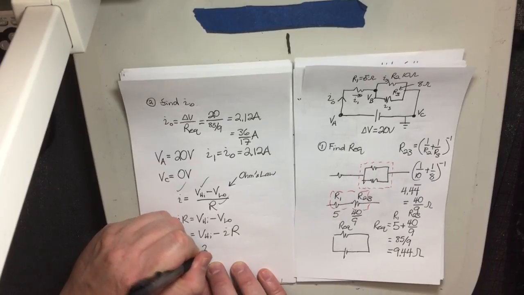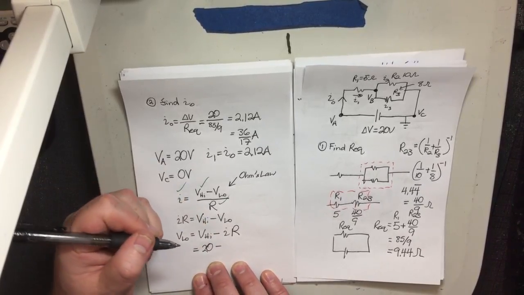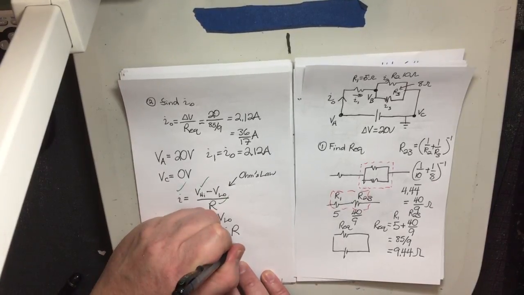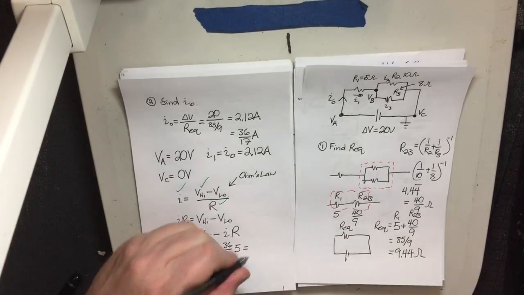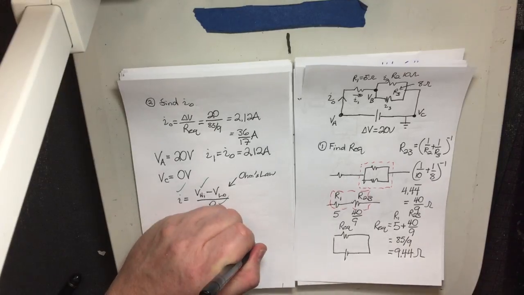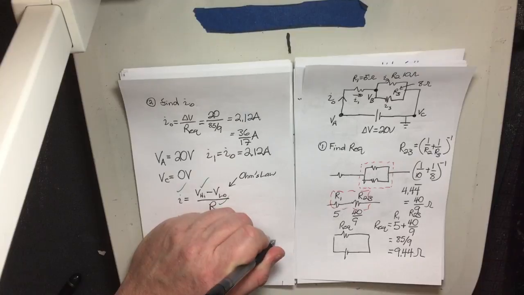V high is 20. I is 36/17. R is 5. And this is a multiplication. So I get a voltage value of 9.412 amps, or no, not amps, volts.